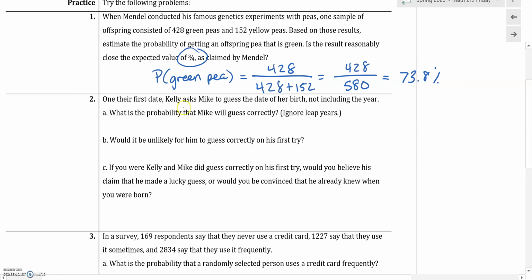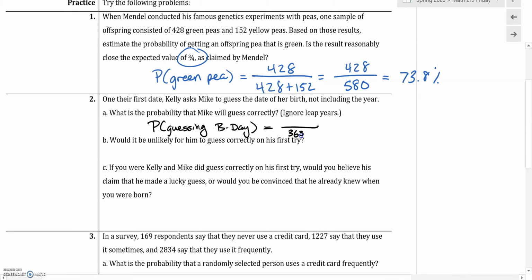On the first date, Kelly asked Mike to guess the date of her birth, not including the year. What is the probability that Mike will guess correctly? Okay, well, if you think about it, I want to find the probability of guessing someone's birthday, just the date. How many options are there? How many outcomes are there? In other words, how big is the bucket of guesses I can pull from?